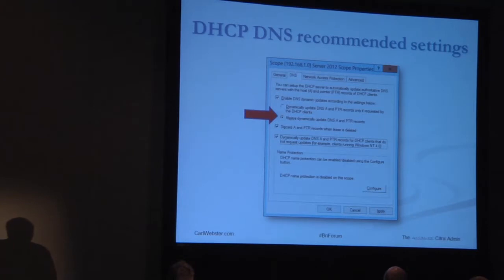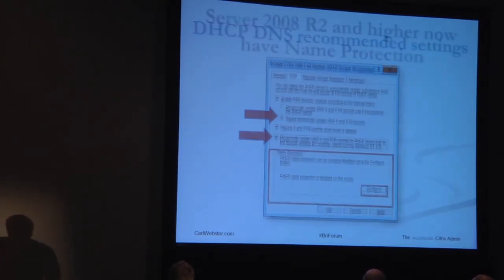Microsoft recommended settings are you want DHCP to always dynamically update DNS A and pointer records. And you want DNS to dynamically update the A and pointer records for old clients. Now, this also, according to the Microsoft documentation, covers Mac OS X, Linux, and Unix. And this is what Microsoft recommends that you do.